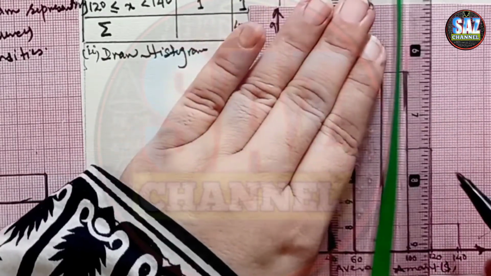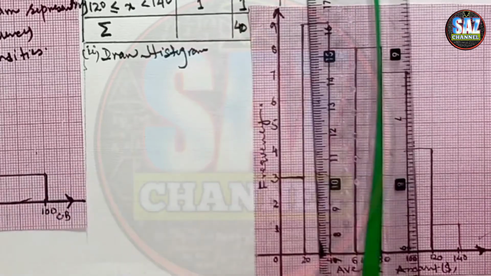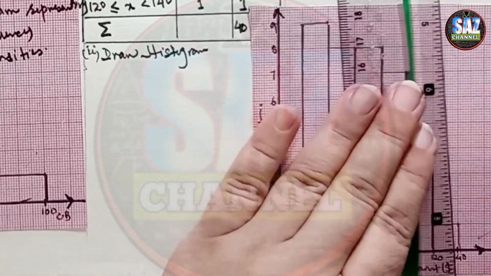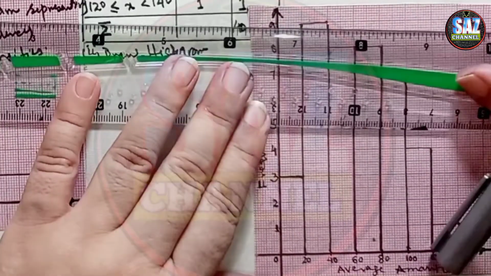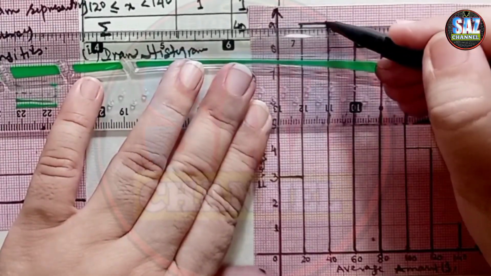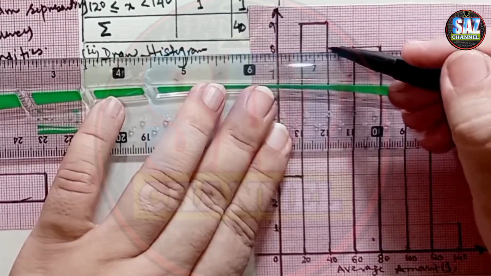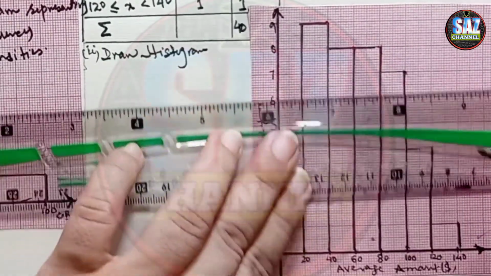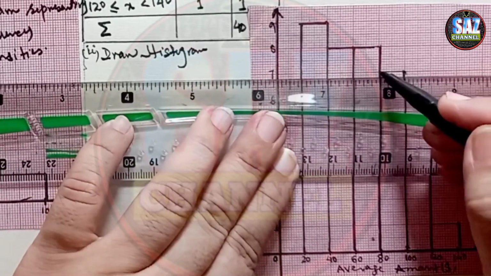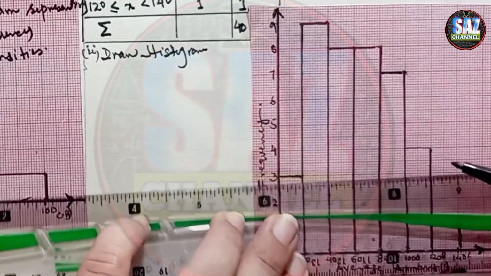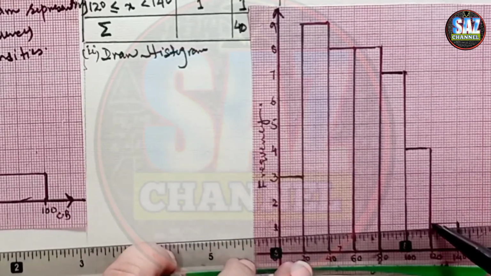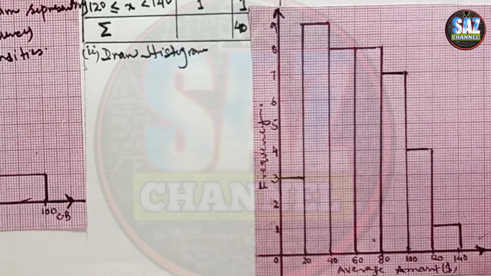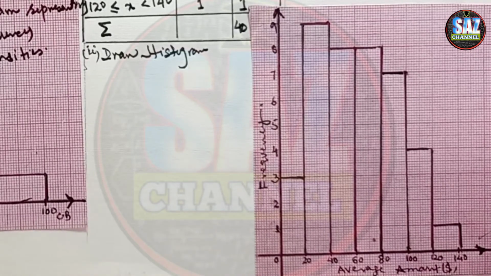That will not be marked or checked, so please be careful about all these things in order to secure good grades in your O-level examination. I'm wishing best of luck to all the students who are appearing in their O-level examination.